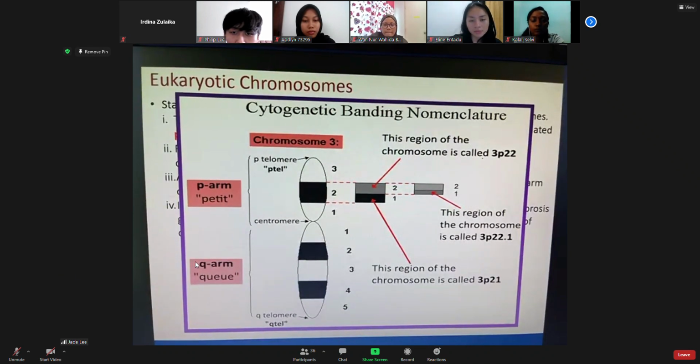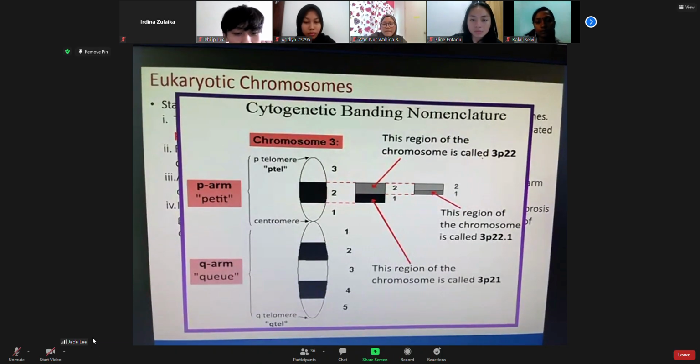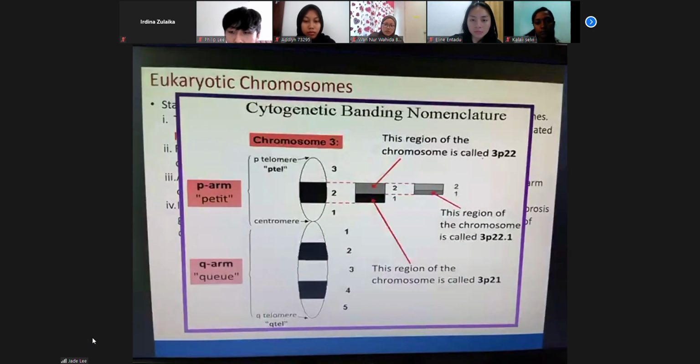Kalau dia reside pada contohnya chromosome 3p22.1 dengan 3p22.2, dia jiran saja kan? So it's a big chance for us to understand whether these two genes ada any relationship ke tak. We can understand. Contohnya kita silentkan gene pada 3p22.1.